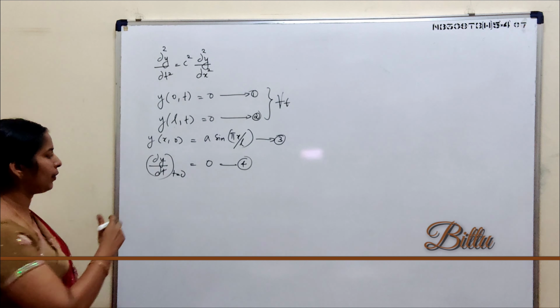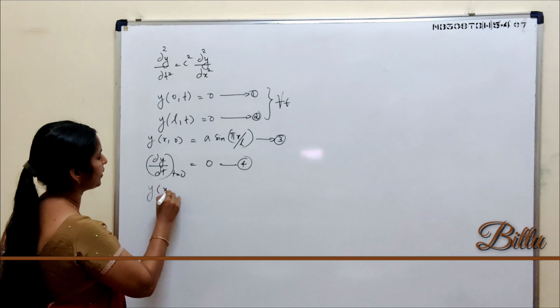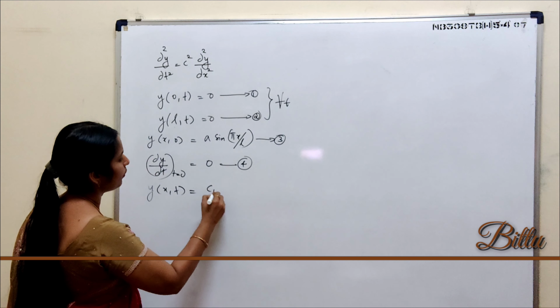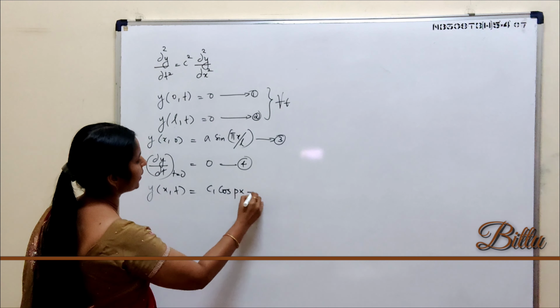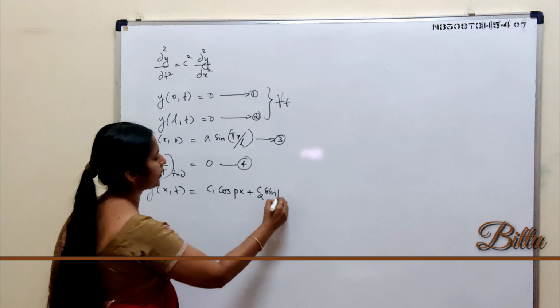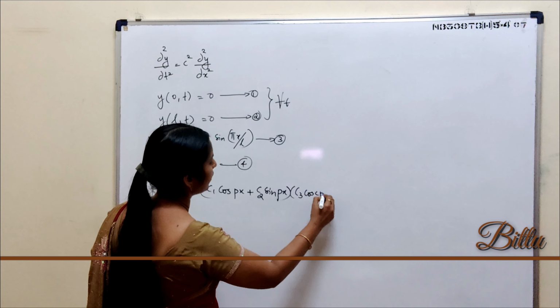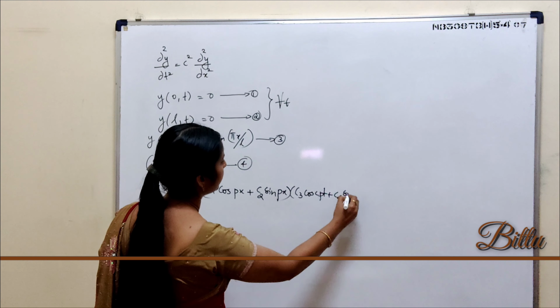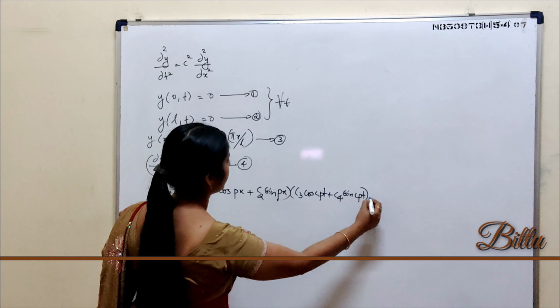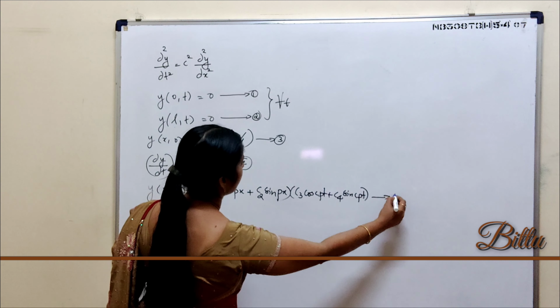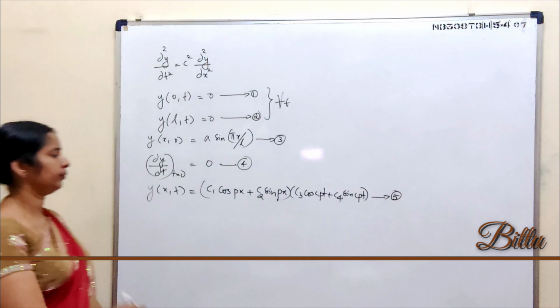We have the solution of the wave equation: y(x,t) = (c1 cos px + c2 sin px)(c3 cos cpt + c4 sin cpt). This is our equation number 5.